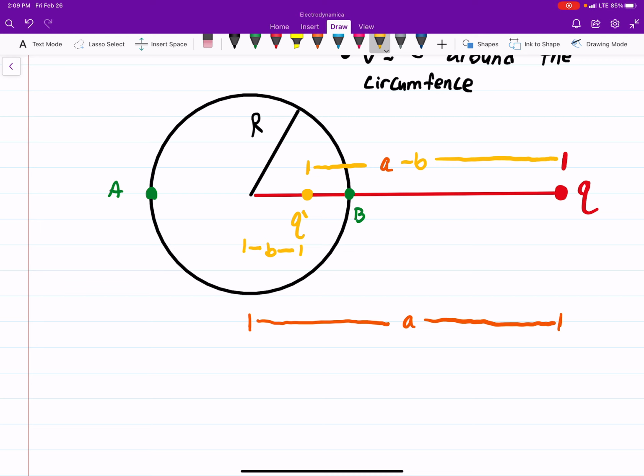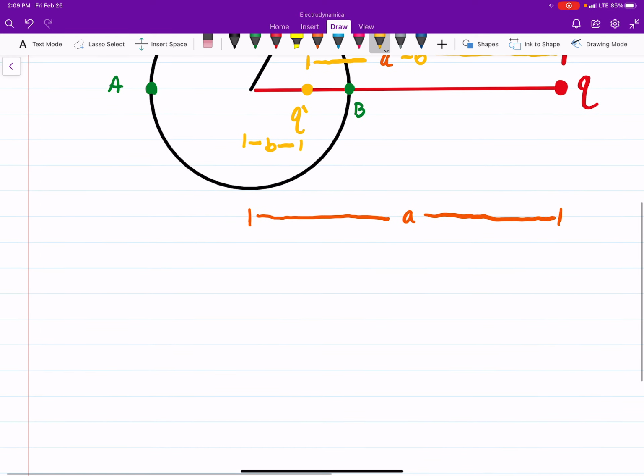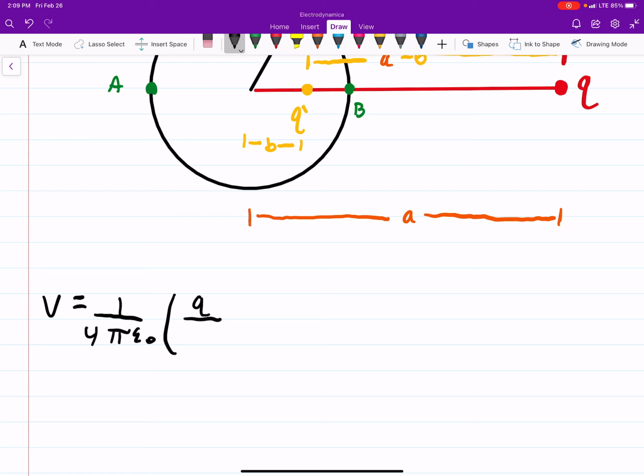So let's see what we have. We know that the potential for a point charge, which is what we have, is 1 over 4 pi epsilon naught. And then using the principle of superposition, we can say our real charge Q over, I'm just going to call it R, plus Q prime over R prime.